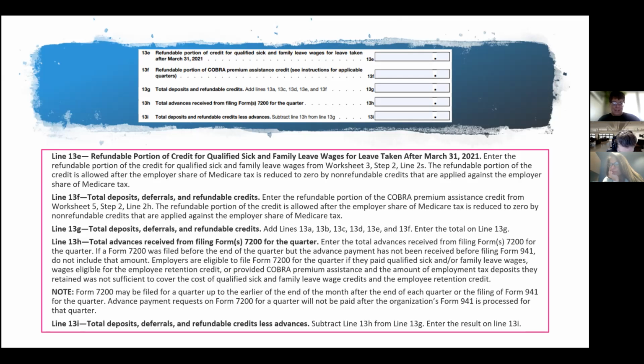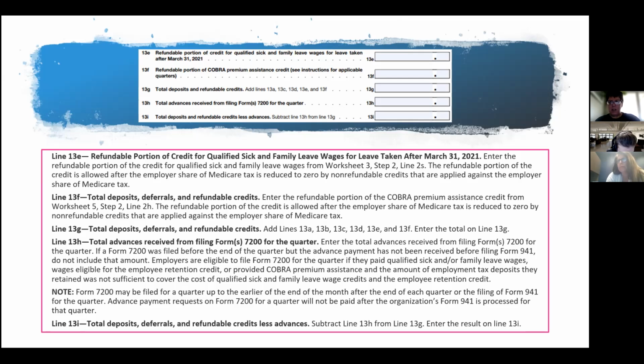If you filed the form before the end of the quarter, but the advance payment has not been received before filing the 941, you're not going to include the amount. Does that one make sense? If you file the form before the end of the quarter, but you didn't get the advance payment for it, you don't include the amount.